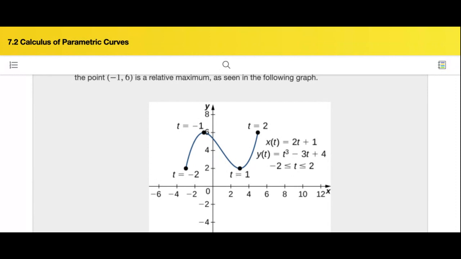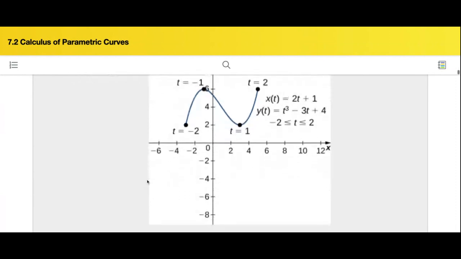When the derivative at this point equals 0, we won't be able to tell if it's a maximum or a minimum, but we know the tangent line is a horizontal line. Any questions so far? Let's keep moving.